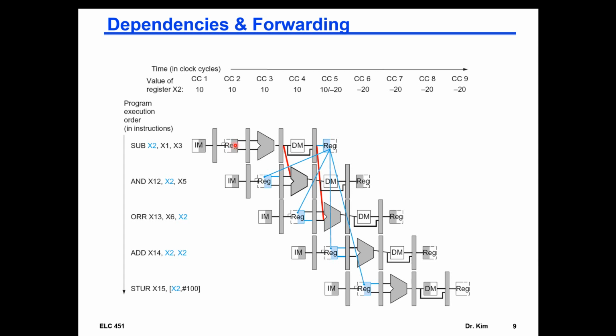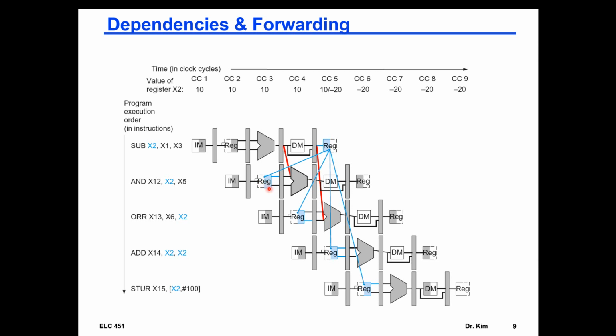So here we're fetching the subtract instruction. Here we are reading registers 1 and 3. Here we're doing the actual subtraction. Here we're not doing anything. And here we are writing register 2. The next instruction we are fetching here.